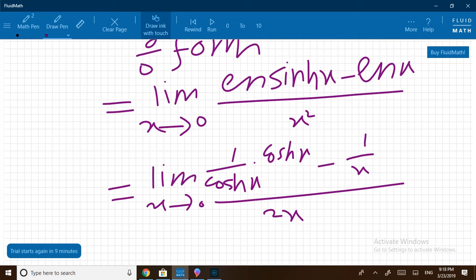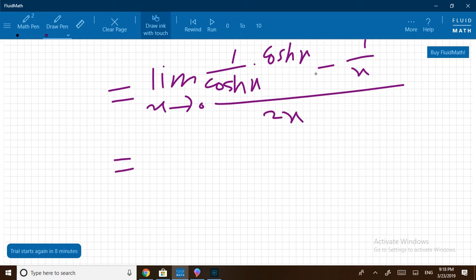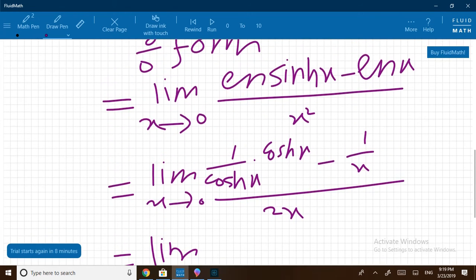So after taking the LCM, what do we get? It is equal to the limit as x approaches to 0. So we take the derivative, and cosh x divided by sinh x. This was not cos, it was sine, because it is sinh x.